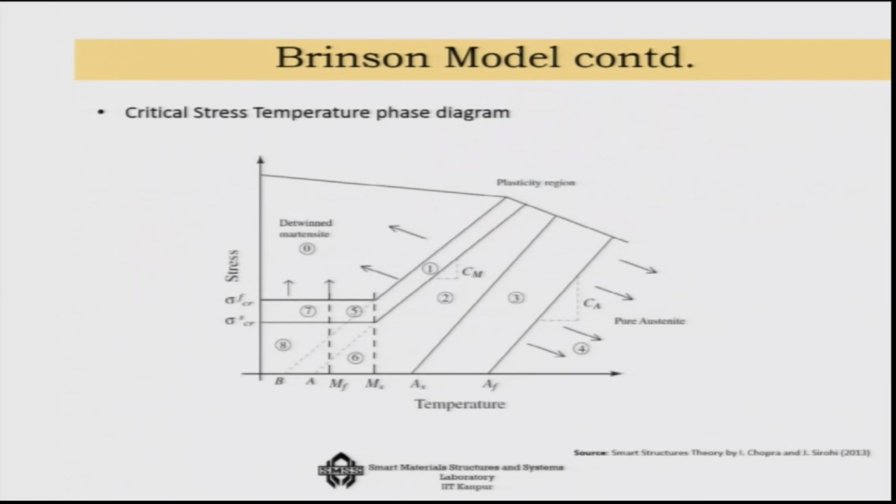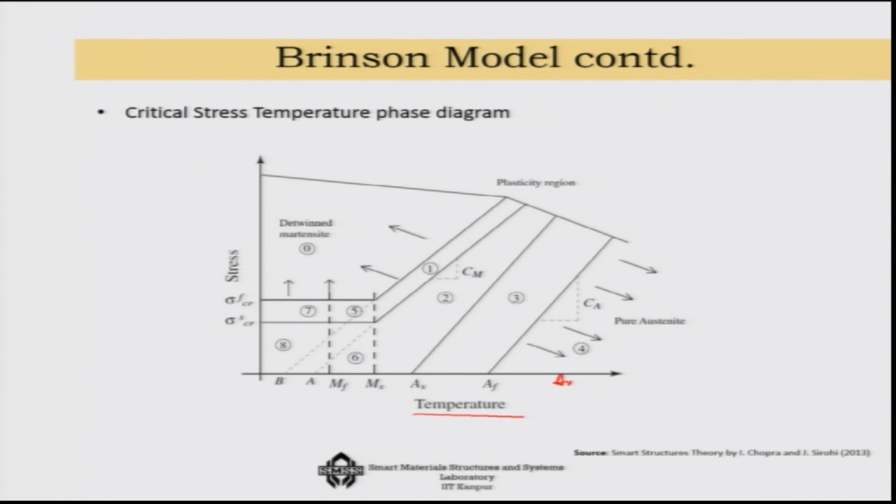Now, how can we visualize this whole constitutive relationship? If we consider the stress temperature plot, earlier we have seen the stress strain plot, now we are considering the stress temperature plot. At the high temperature phase, what is the state we are supposed to see? The austenite state.